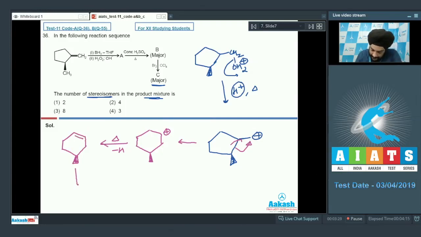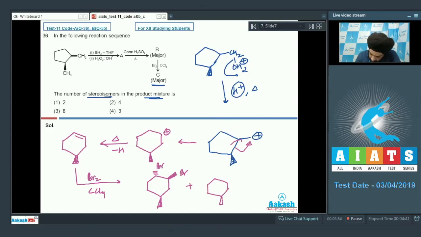Now when this is allowed to react with Br2/CCl4, the Br2/CCl4 leads to the anti-addition of Br2, and we are going to have the formation of this structure along with the formation of this structure.